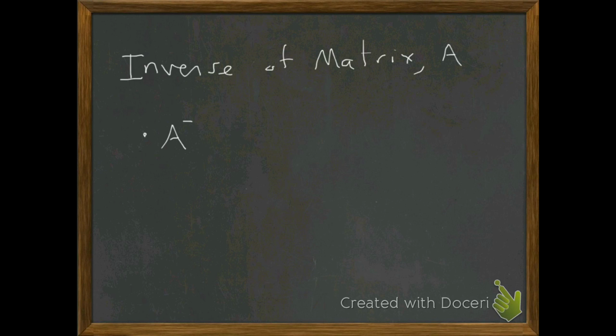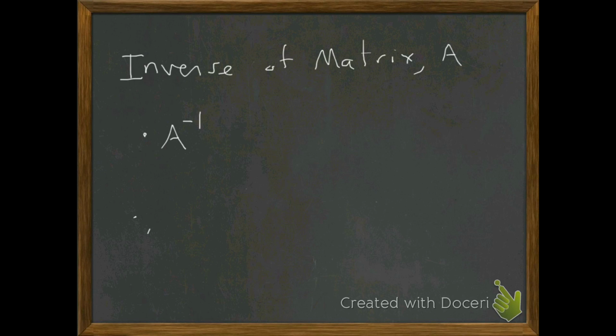In our last video, we talked a little bit about the inverse of a matrix. And let's just say our matrix is A. And of course we know that the inverse is denoted by A with a -1.